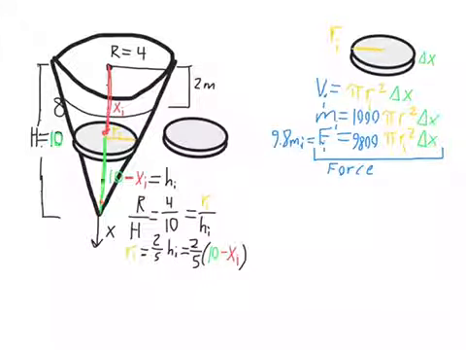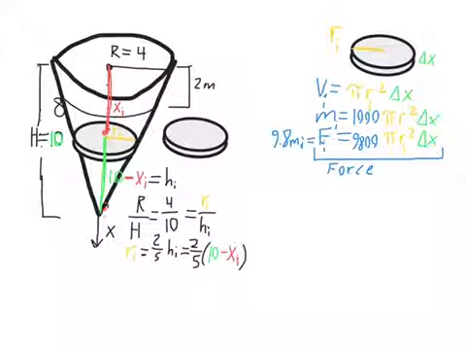The height of this smaller cone plus the distance that the small disk, small cylinder must move, those sum to 10. So this height itself has to be 10 minus the distance moved. And so this will be what we call little h.